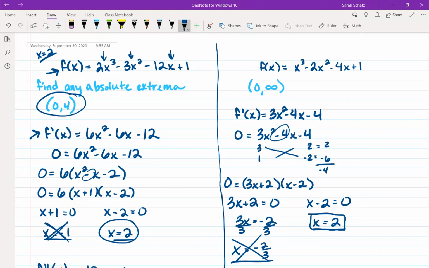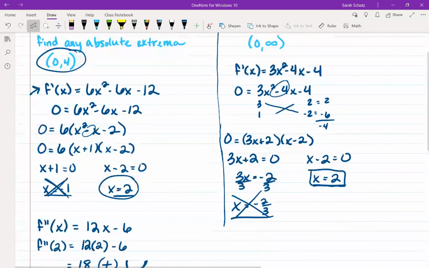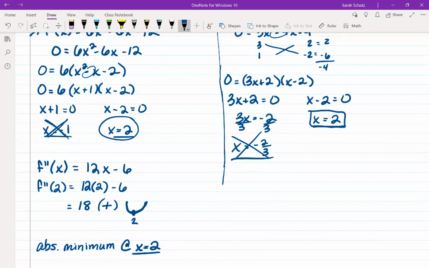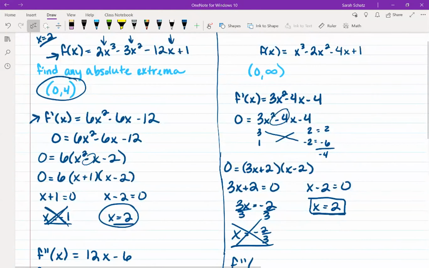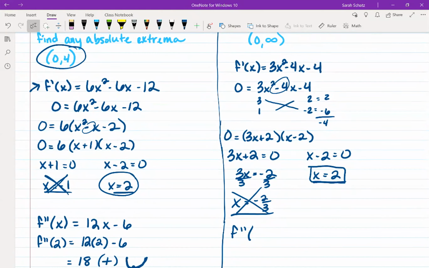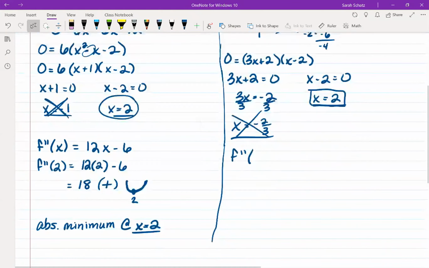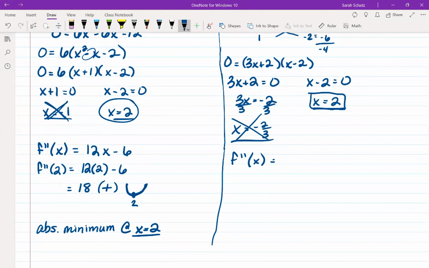So you found your critical point. It's in your interval. All you have to do now is test. Oh, look, it's a 2 again, just like before. Now, before you test, why don't we go ahead and find the second derivative? It's going to be 6x minus 4.